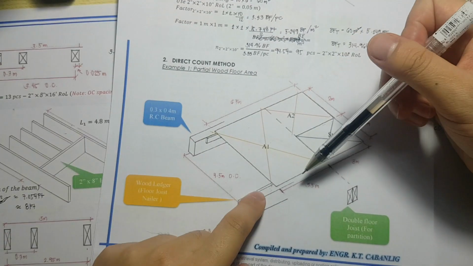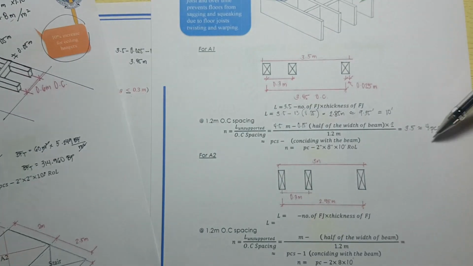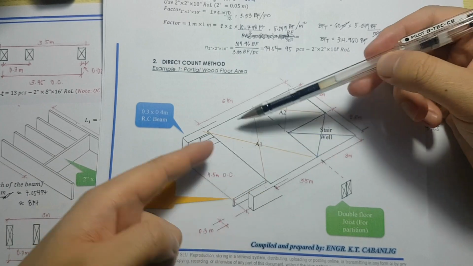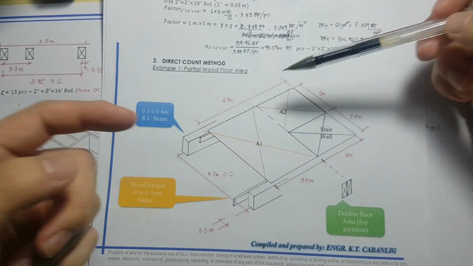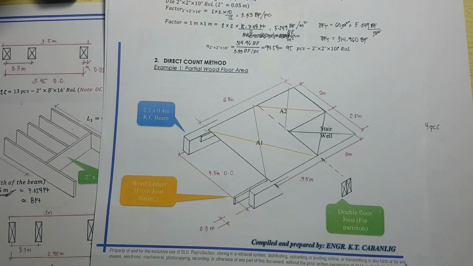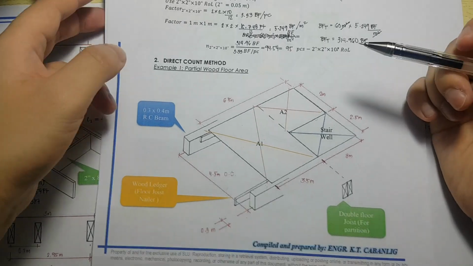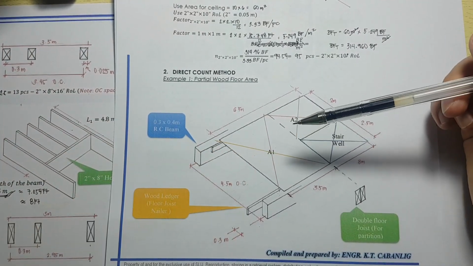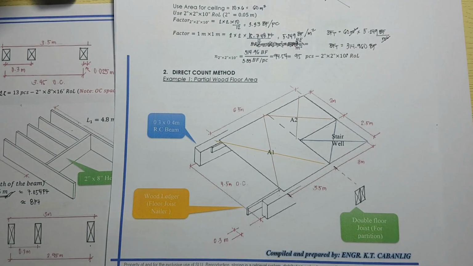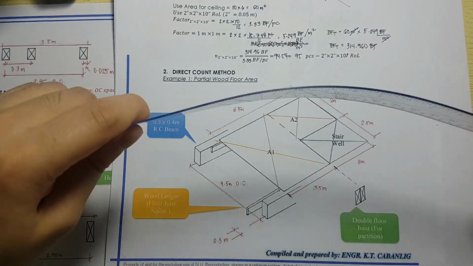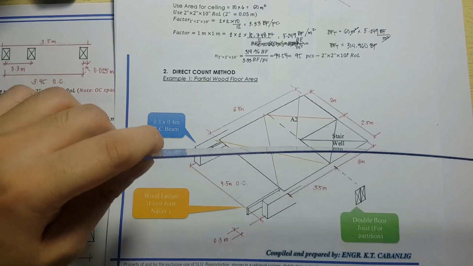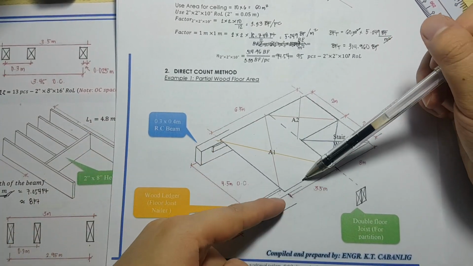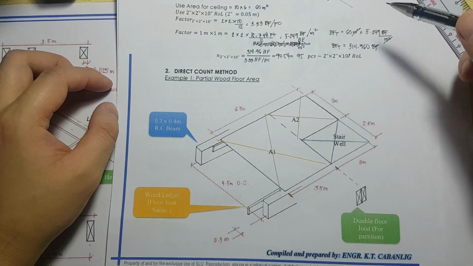That 4 pieces, if you are going to lay it out, 2 pieces will be coinciding with the column. Okay? So that defeats the purpose, no? Kasi yung purpose ng bridging is to distribute the load and to lessen yung pag-sway ng ating floor joist. So, if may support na siya sa column, then wala na siyang silbi.